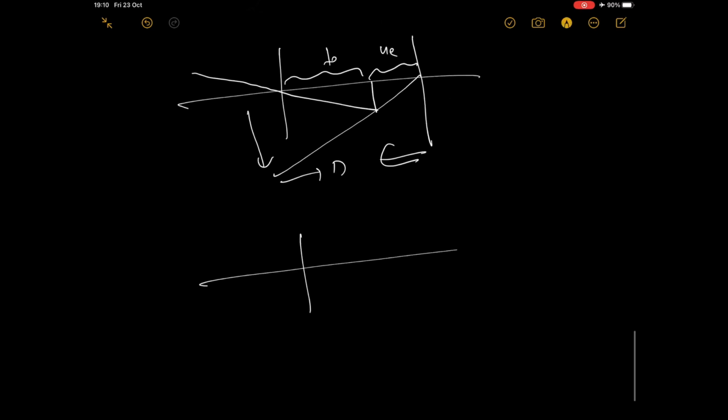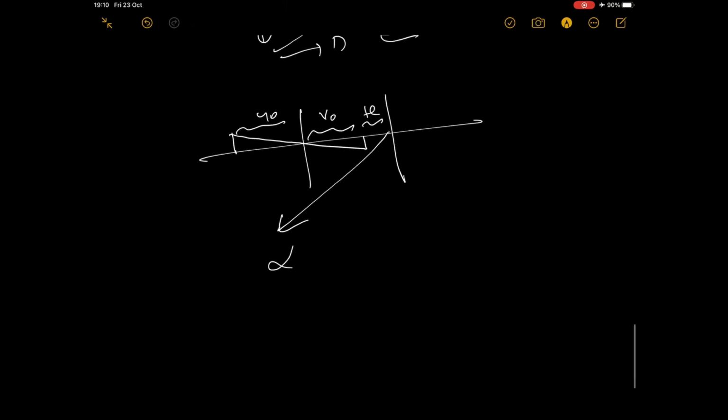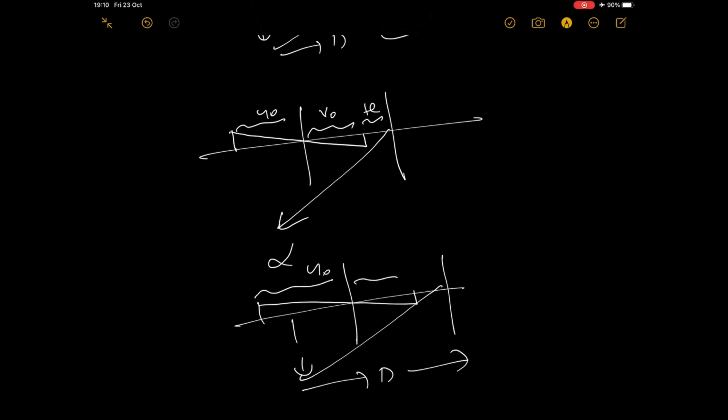And in the third case, sometimes the object distance will be given, in which case your intermediate image is here, and the final image will either be at infinity if this is FE, this is of course VO and this is UO, or the final image could be here when this is D. So this is UO, this is VO and this is UE, not FE.